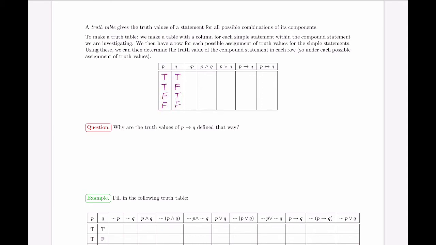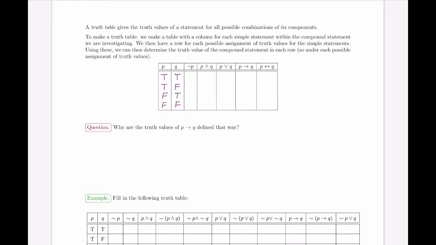Now, the way to fill out the truth table is to proceed throughout the actual truth table. We will have that each row corresponds to the chosen truth values for the small components. So this entire row will correspond to P being true and Q being true. Whereas, for example, this entire row will correspond to P being false and Q being true.